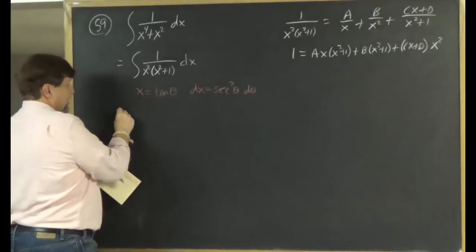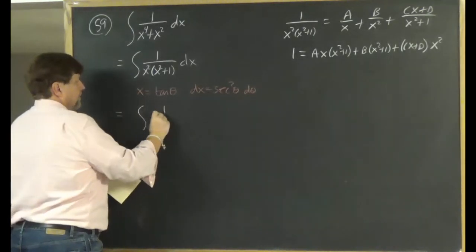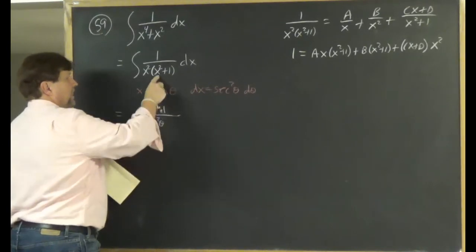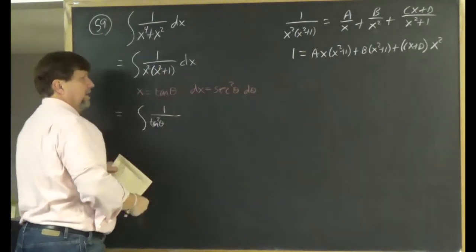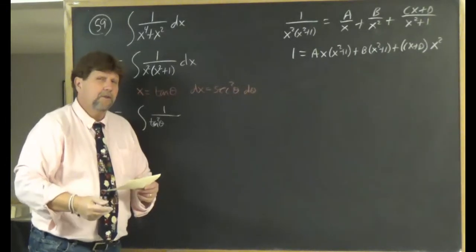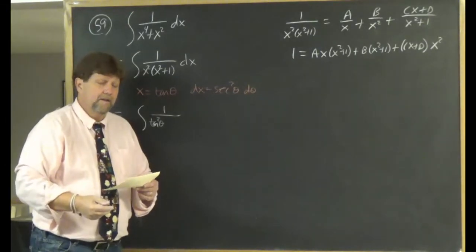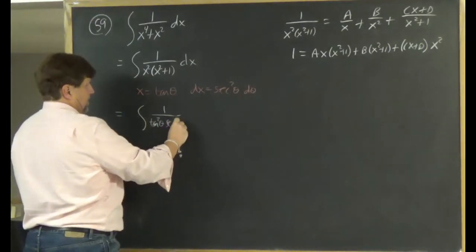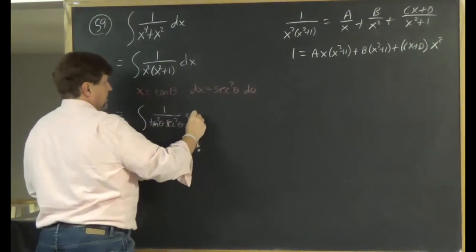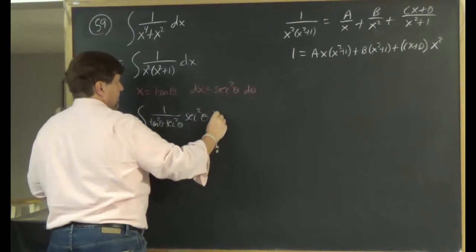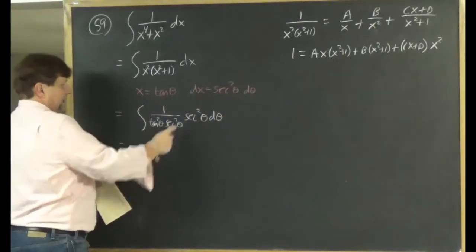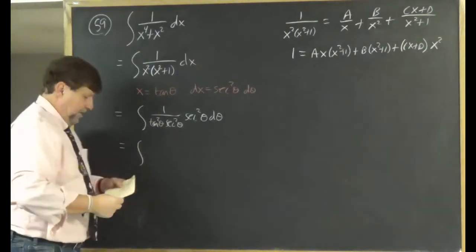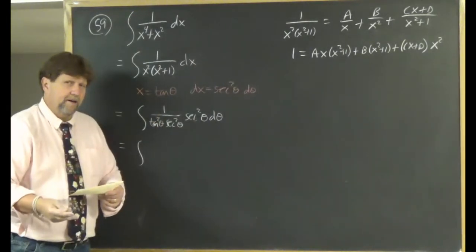So when I substitute in, this would be tangent squared theta plus 1. Tangent squared theta plus 1 is secant squared. And dx is secant squared. Wasn't that nice? The secant squareds cancel out, which leaves us with a 1 over tangent squared.